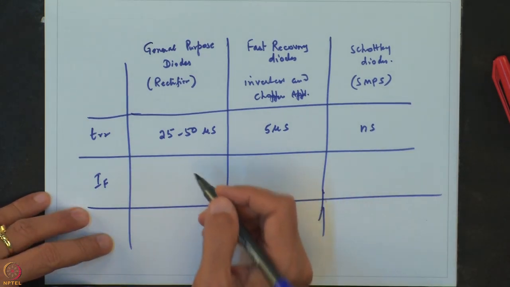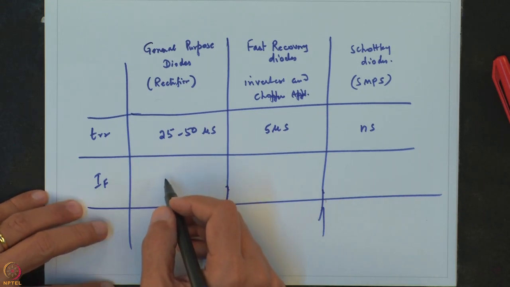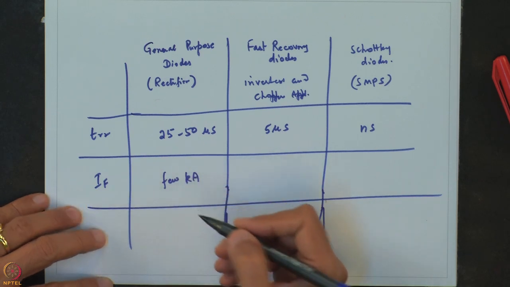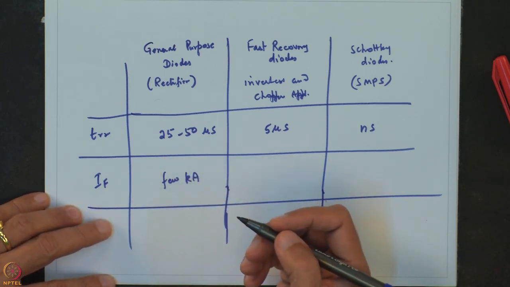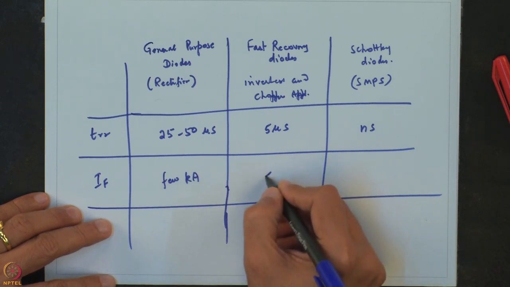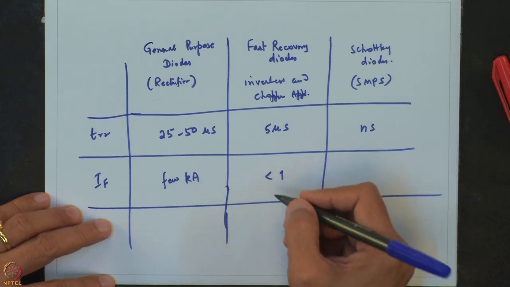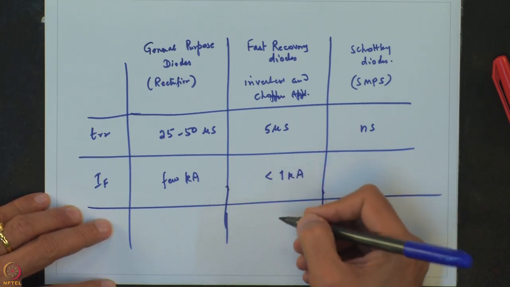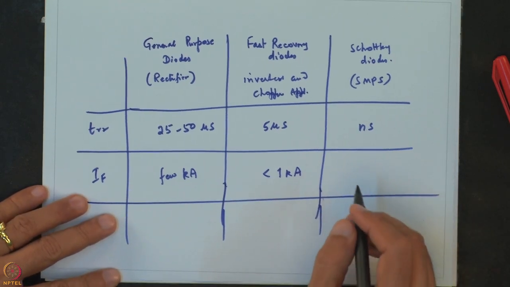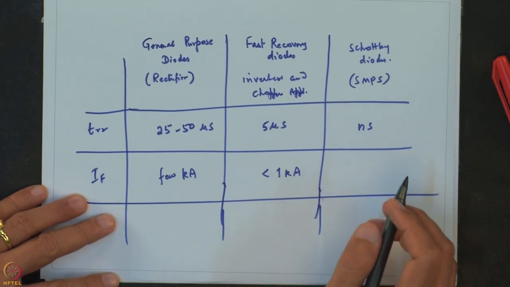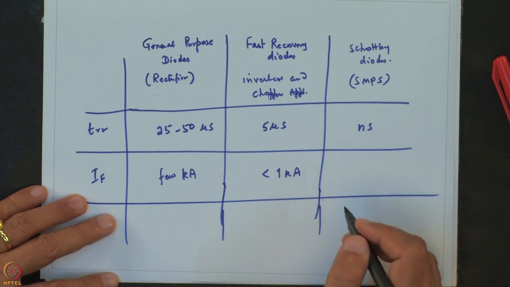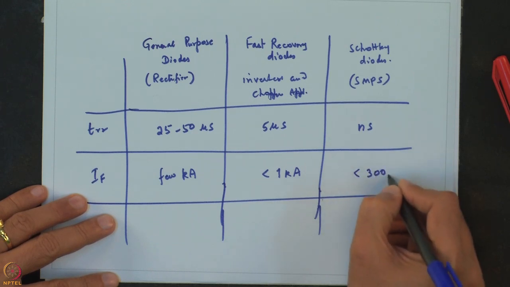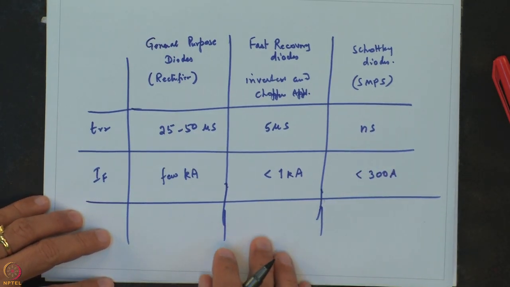For the general purpose rectifier, the forward current rating is typically up to a few kiloamperes. That is really huge, thousands of amperes. For fast recovery diodes it is typically less than 1 kA, 1000 amperes. That is also pretty large, but they do not have the same capacity as the general purpose diodes. And the Schottky diodes will typically have less than 300 amperes as their allowed rating.